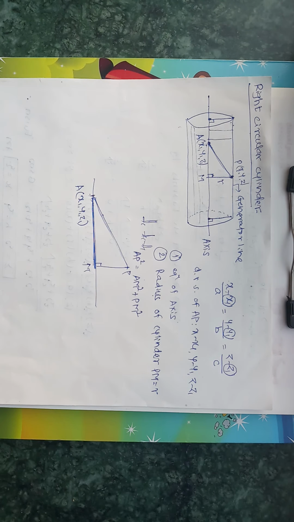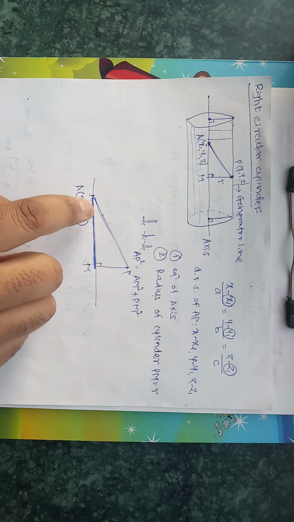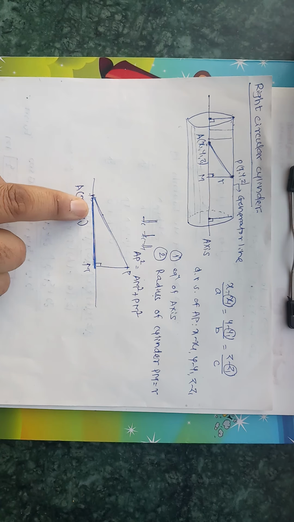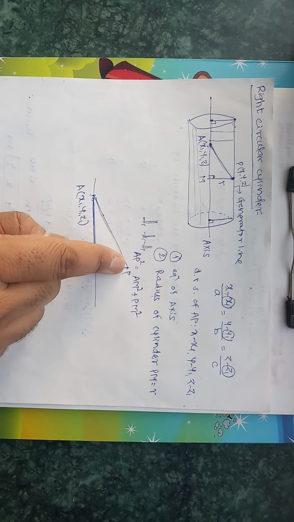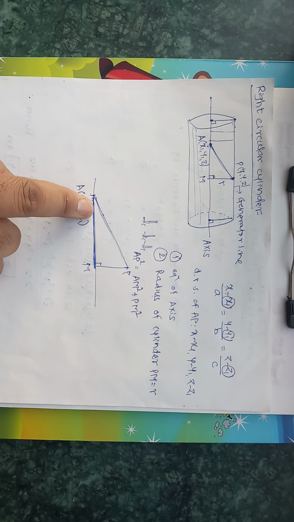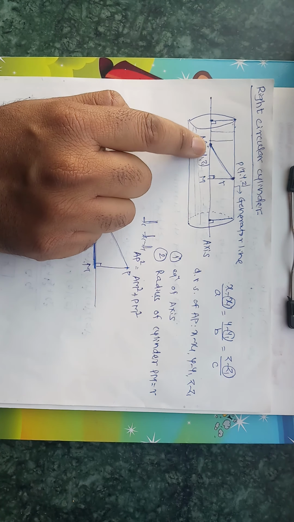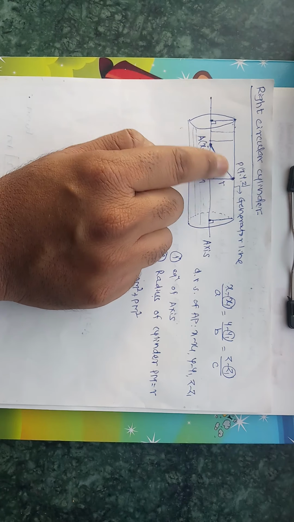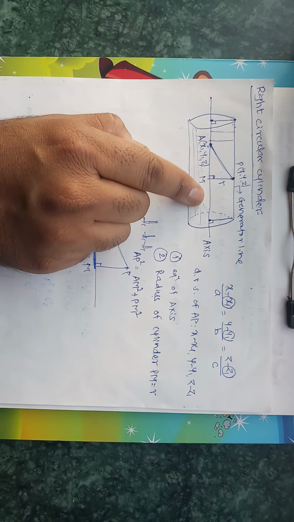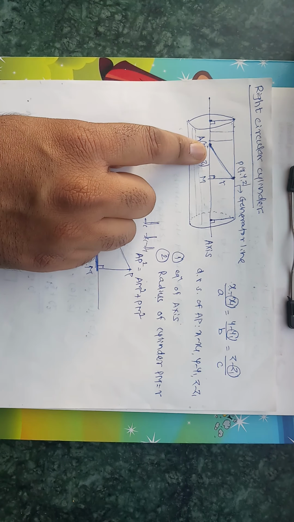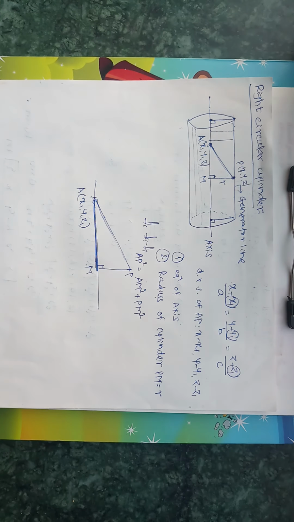The shadow of AP on the ground is AM, that means the projection of AP on the axis is AM. So what is AM in the figure of the right circular cylinder? It is the projection of the line AP on the axis, and it has a formula. I will show you in detail.